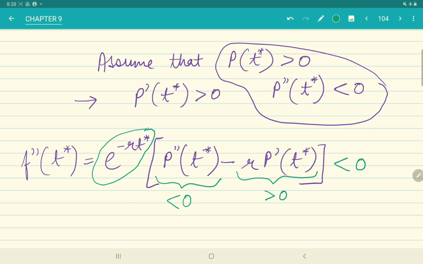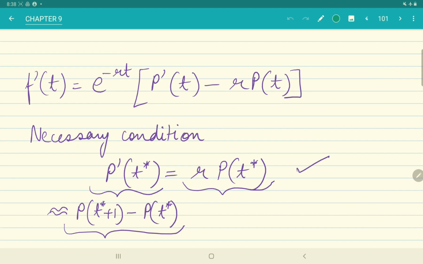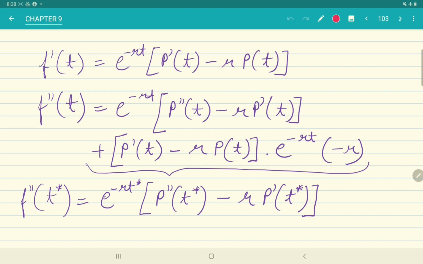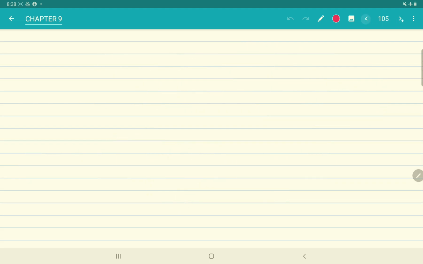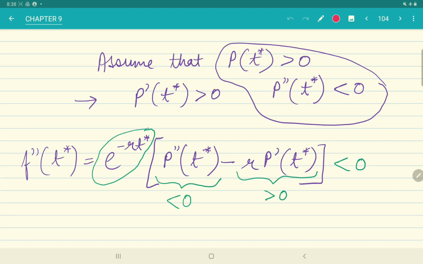So what does that mean? That means the T star, which was defined by this expression, is in fact a local maximum point. It's a strict local maximum point, because here I see that F double prime T star is less than 0.